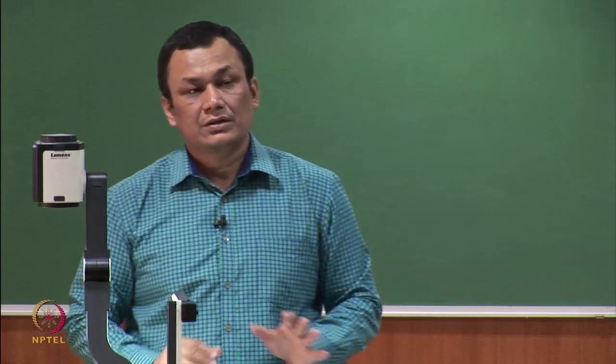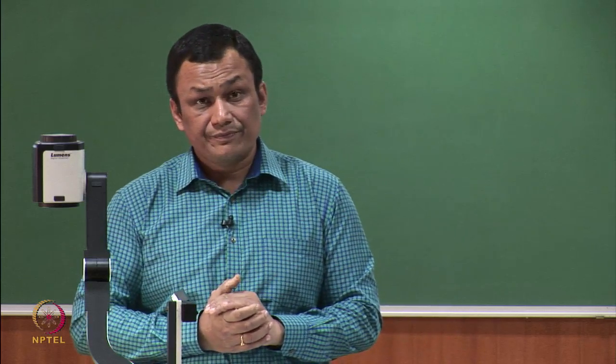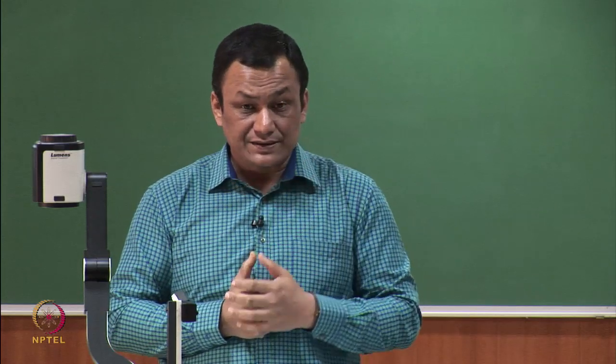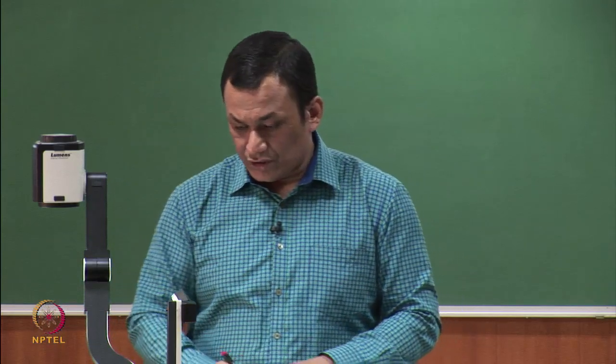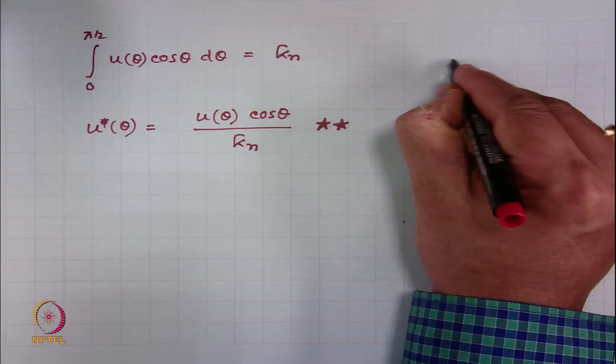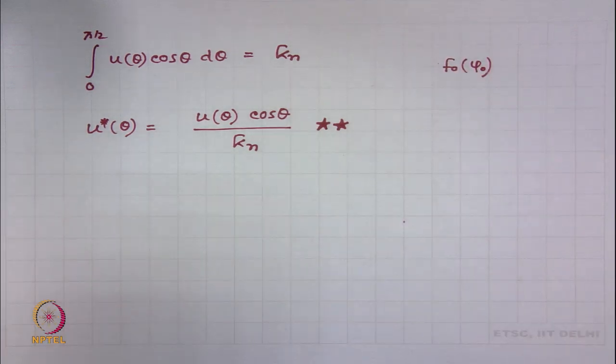So, if you see, we have discussed many forms of probability density function. We started with f naught, psi naught, PDF of isotropic orientation in plane.